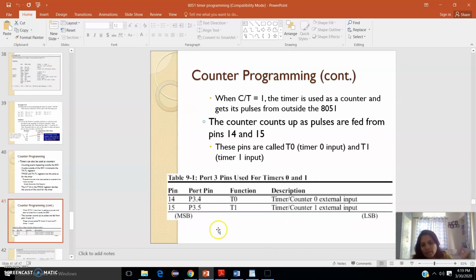Now there are two pins in port 3 that can be used for timer 0 and 1: pin number 14, pin P3.4, and pin number 15, pin P3.5. Through these, the pulses can be fed to your 8051, and at that time these pins set your timer, and TR starts your timer.